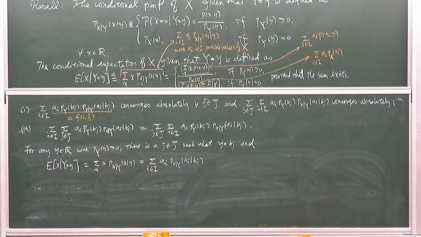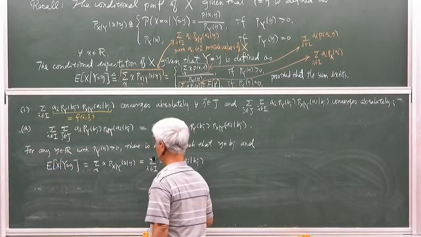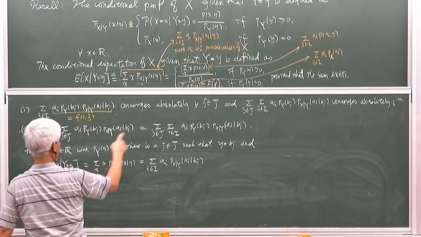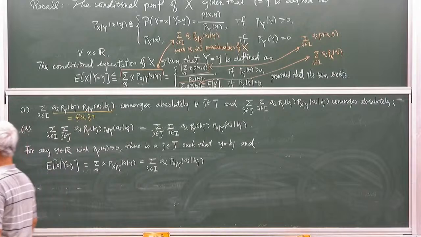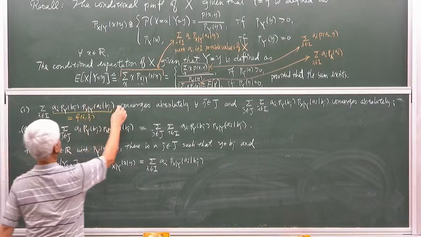Okay, this is a sum, but we know this sum converges absolutely. So what is this sum?